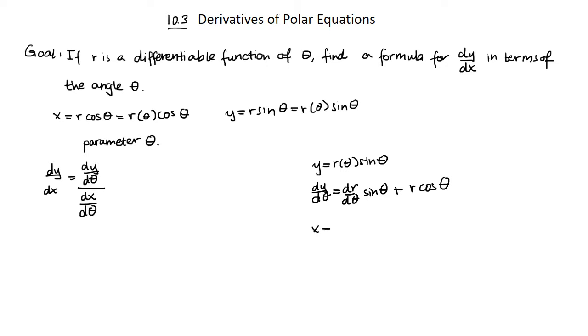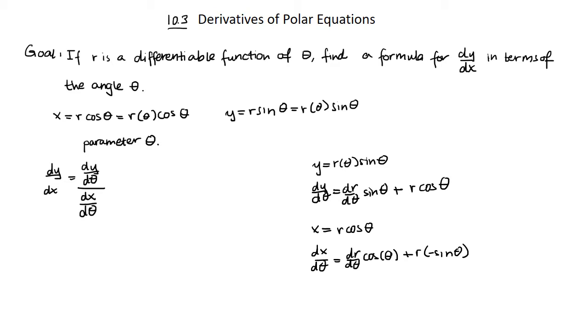And we can use that x is equal to r cosine theta to say that dx/d theta is dr/d theta times cosine theta plus r times negative sine theta.